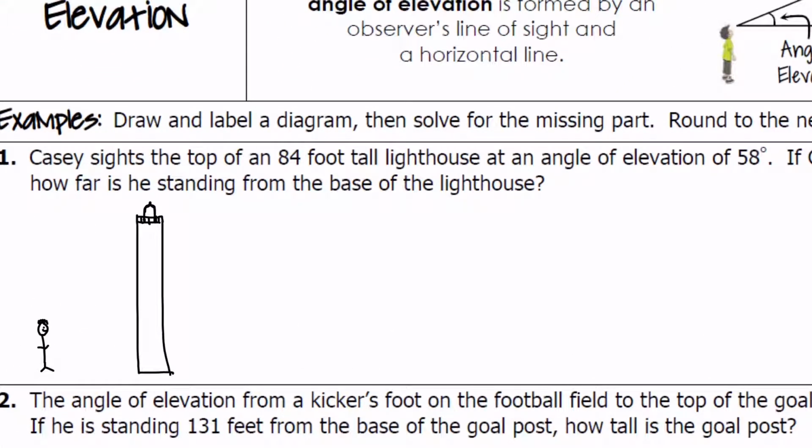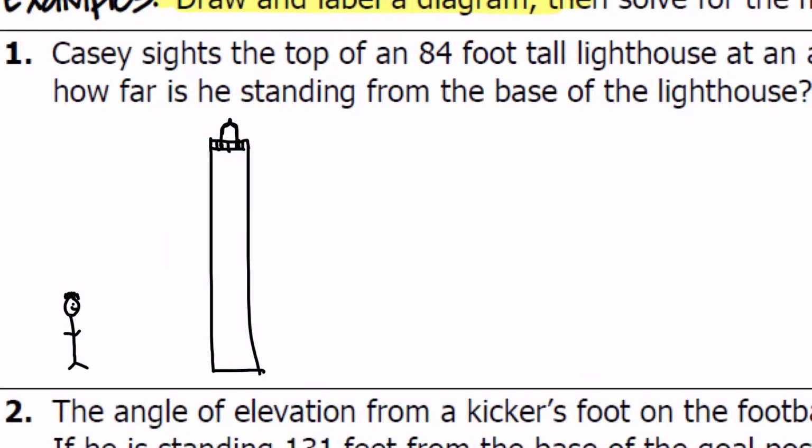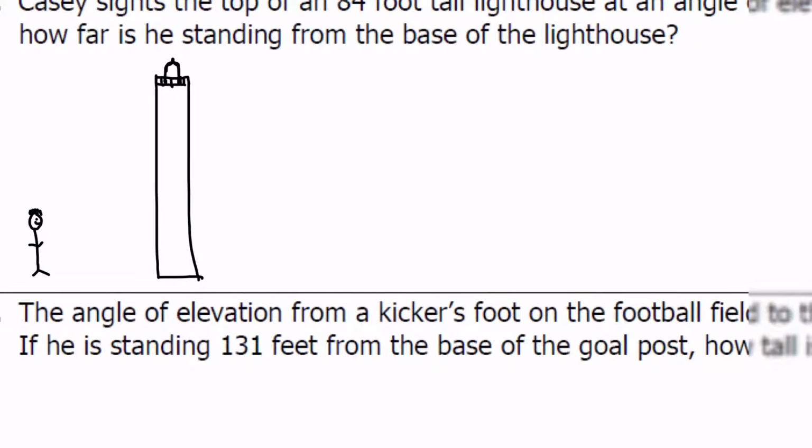So, once again, I feel like a broken record, but draw and label your diagrams. I went ahead and started my drawing because it took me a while and I'm not an artist. Casey sights the top of an 85-foot tall lighthouse. So here's my lighthouse.